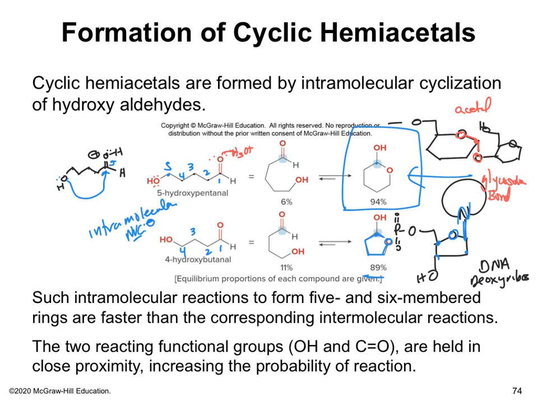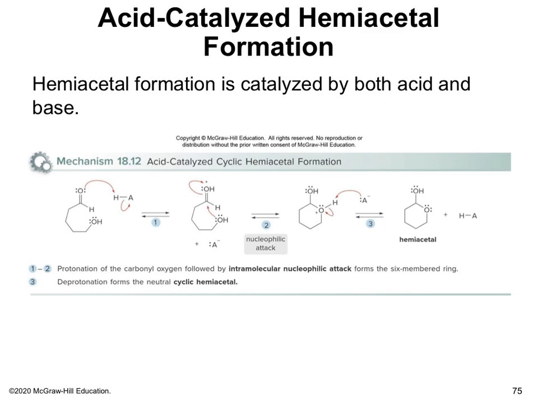If you just have one sugar, it's a hemiacetal. And glucose, the cyclic form is what travels in your blood. Okay, so the cyclic form is in the blood, and it is a hemiacetal. So these are kind of important biologically. And so this is just showing the mechanism for the intramolecular nucleophilic attack of an alcohol to give you the hemiacetal.